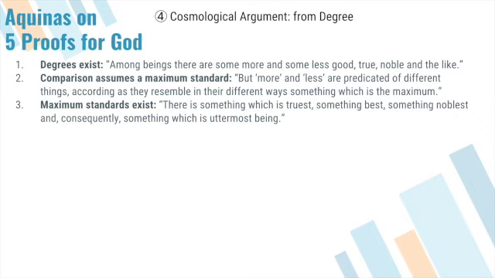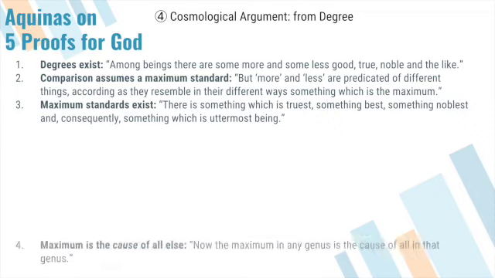Maximum standards therefore exist. There is something which is truest, something best, something noblest, and consequently something which is uttermost being, right? So something partially exists, or is decaying, or whatever, right? If there's degrees in being, there has to be an uttermost maximum being.